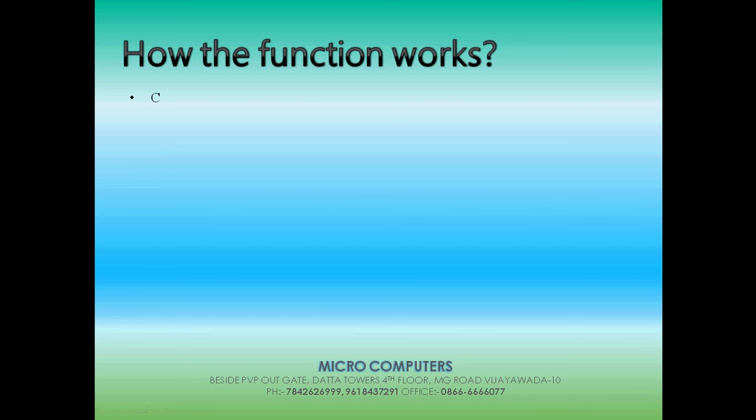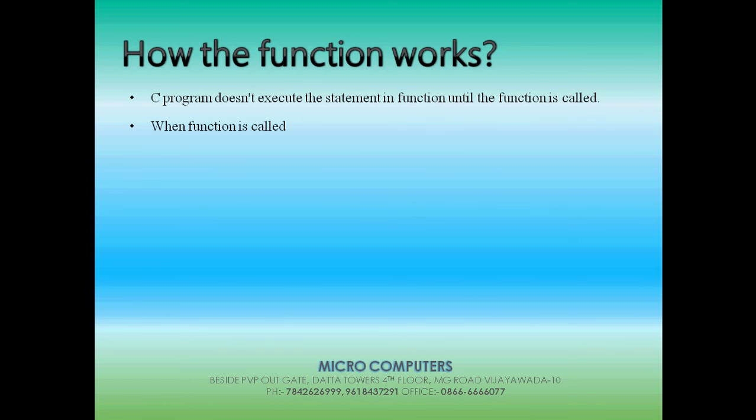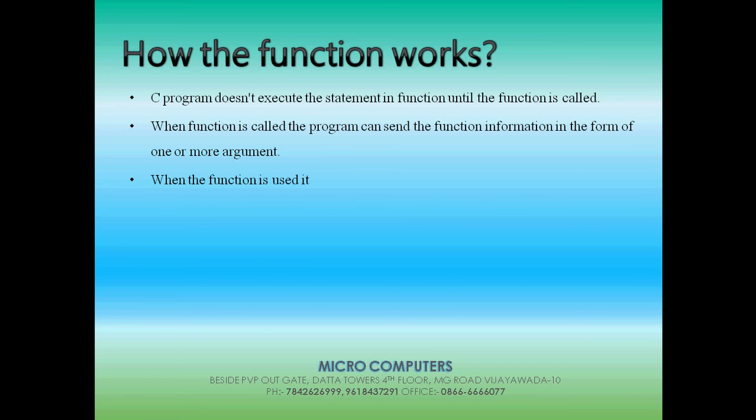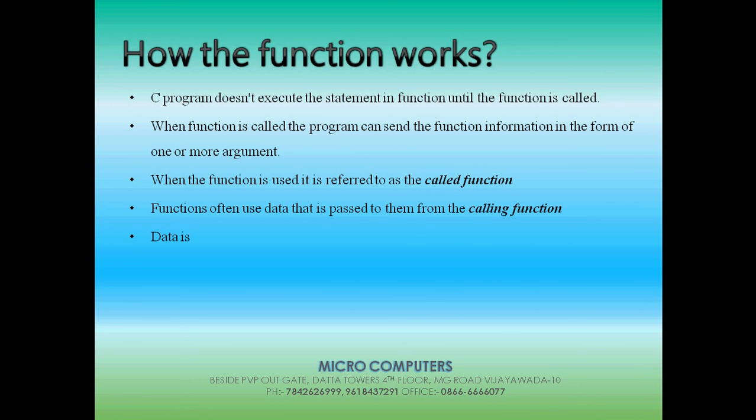How the function works. A C program does not execute the statements in the function until the function is called. When a function is called, the program can send the function information in the form of one or more arguments. When the function is used, it is referred to as the called function. Functions often use data that is passed to them from the calling function.